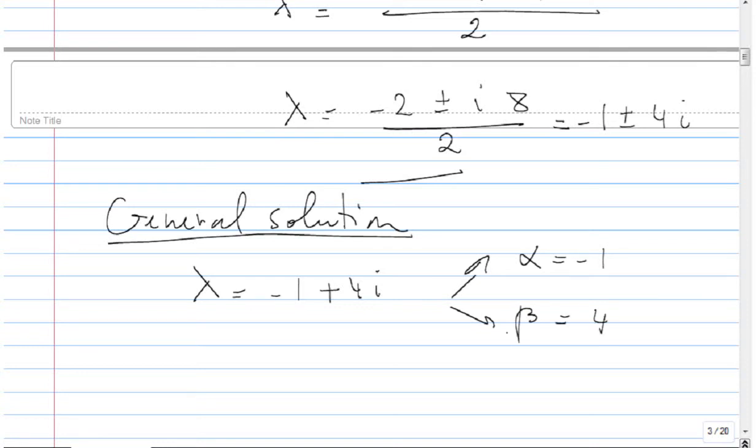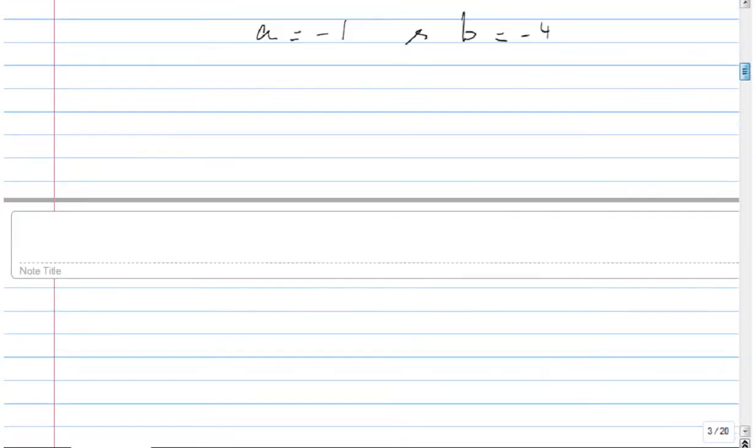Remember, there is no i in beta. Beta is a positive number, the imaginary part. And if we go back to the matrix, we find that a is equal to minus 1 and b is equal to minus 4. So the general solution is given by, first of all, let's find y1 and y2.